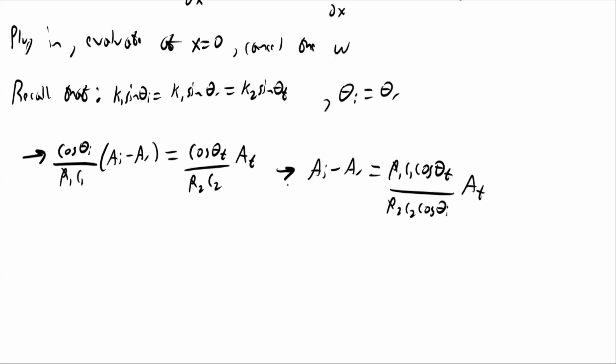Well, now we apply our definitions for R and T, and we obtain 1 minus R is equal to rho 1 C1 cosine theta t over rho 2 C2 cosine theta I times capital T.